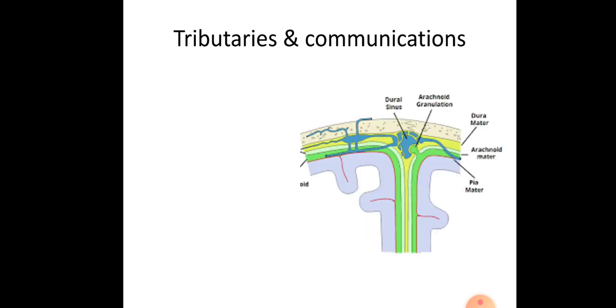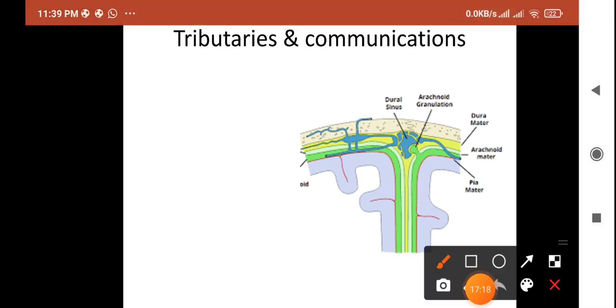Now, when we are talking about the tributaries and communications, in general you should know, this is your superior sagittal sinus. It is seen between the two layers of dura mater.